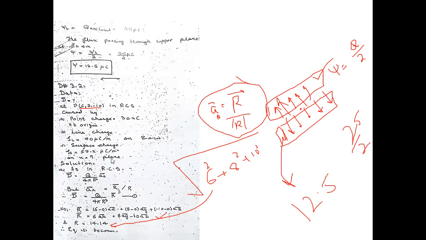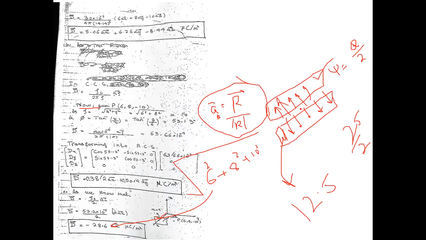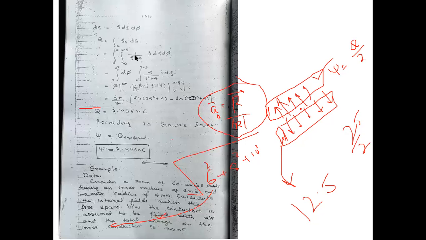This lies on a plane, so as I have already told you, we will get half of the flux lines from that plane. So we will get 57.2 divided by 2, and this is in the direction of minus ax, so that is why we have the minus sign with this answer. Okay, so this numerical has been over. Now we have this example.